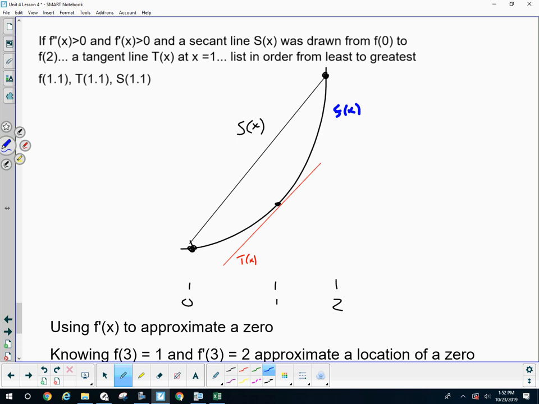So now we're thinking about what my points are here at 1.1. We'll just draw some points. You've got t of 1.1, f of 1.1, s of 1.1.